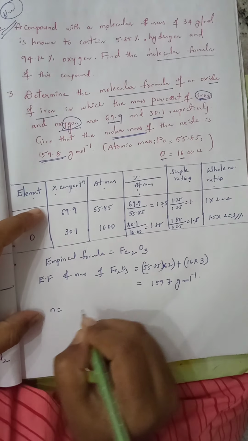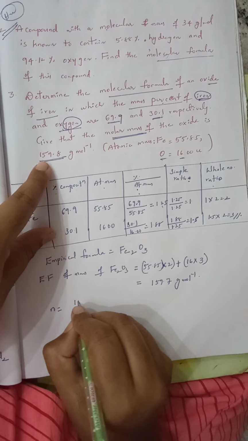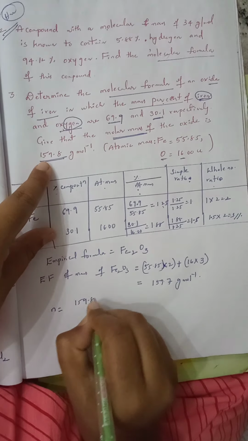Then you want to find N. N equals the molar mass of the substance, 159.8, divided by the empirical formula mass, 159.7, which is almost equal to 1. The N value is 1.